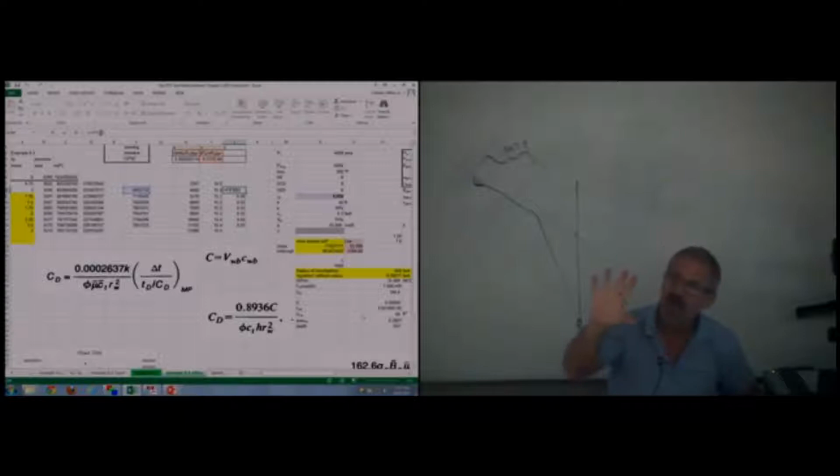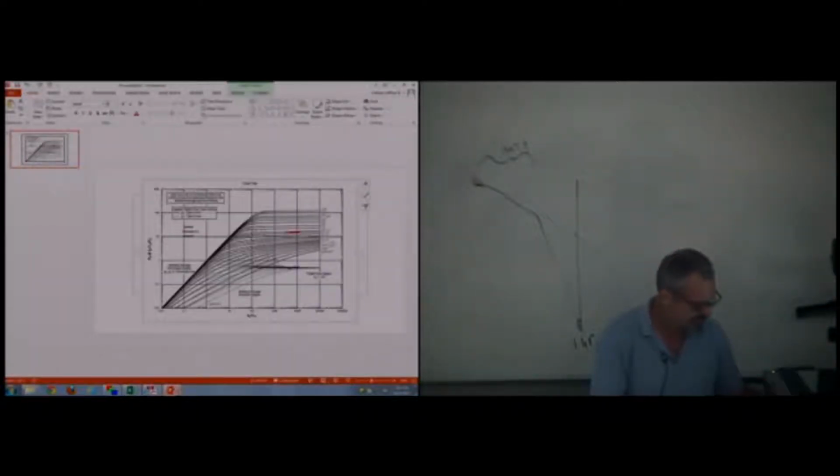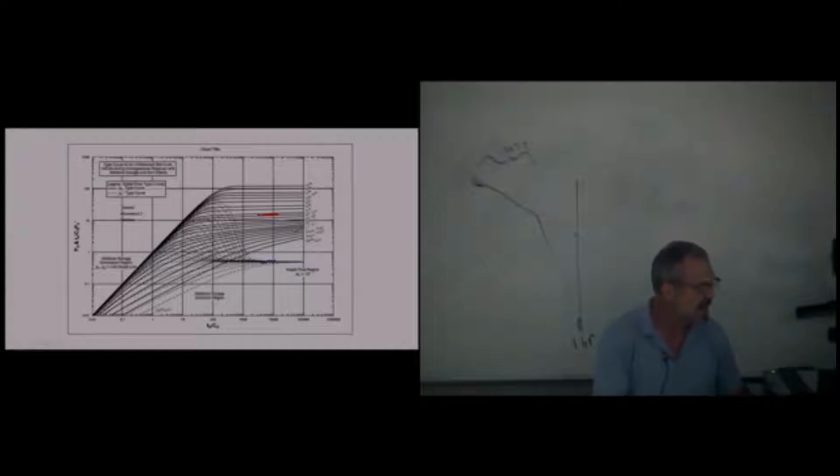Here is the procedure that I went through to fix my x-axis. I estimated. You see, if I take this to the left, I can get a little bit above that.